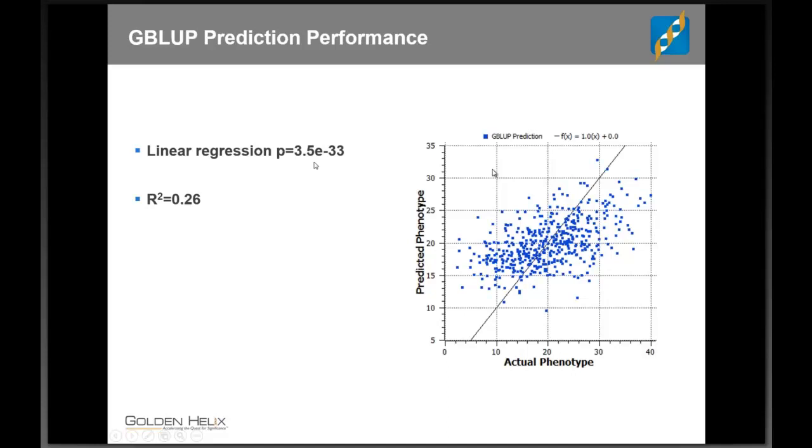And in terms of a linear regression p-value comparing the two variables, it's very highly significant. Now, one thing you'll notice, and this is pretty standard from what I've seen in prediction in general, is that the more extreme values aren't predicting as well as what's in the middle. It's hard to get really good predictions on the extreme things, especially with smaller sample sizes where the higher values may not be well represented in the training data.